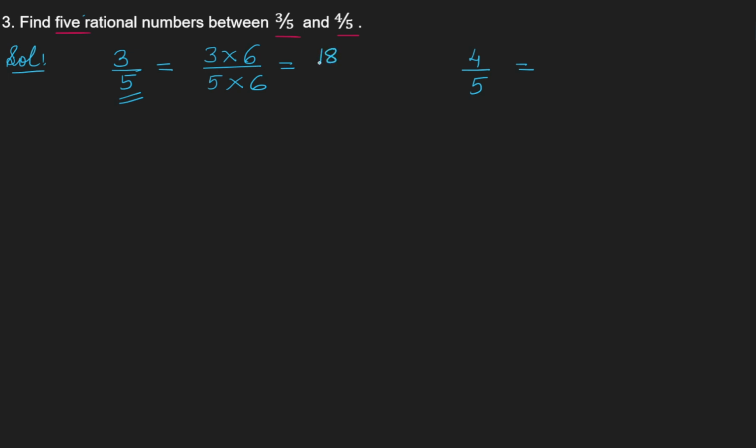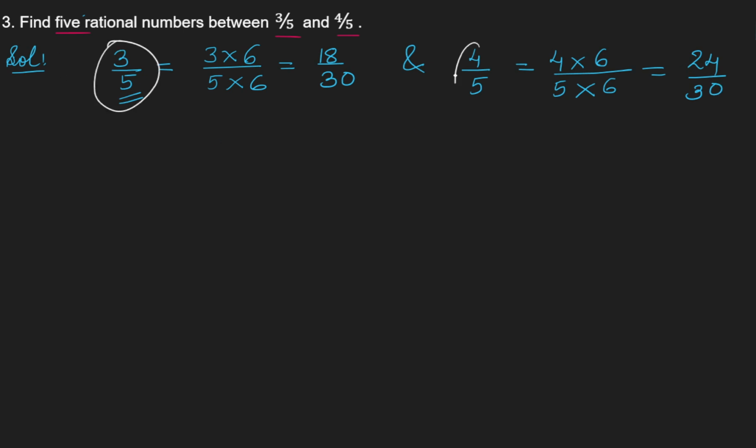So we get here 18 by 30. And for 4 by 5, the denominator will be 30 itself. So it means 4 by 5 is multiplied and divided by 6. So we get here how much? 24 by 30. Now, instead of writing this number, okay, we are going to replace them with these two numbers respectively.